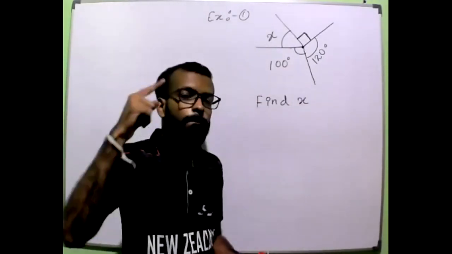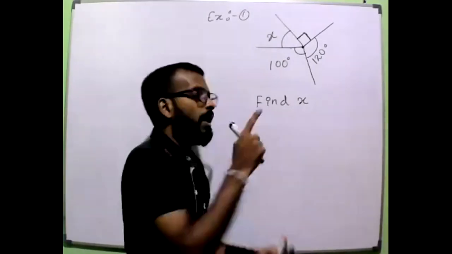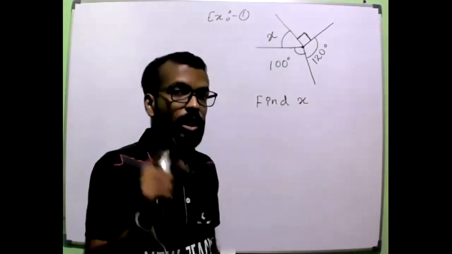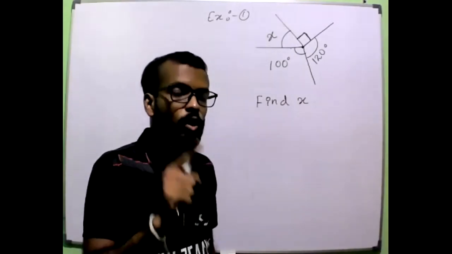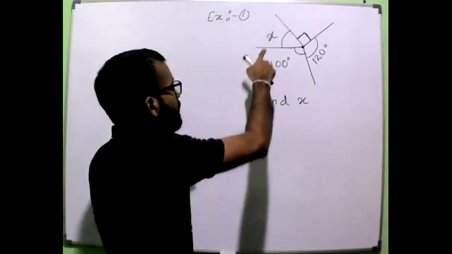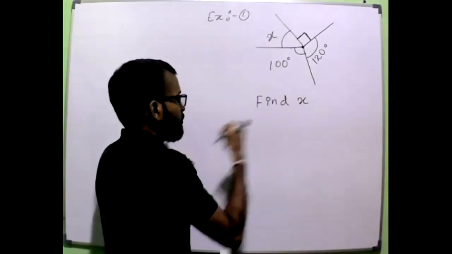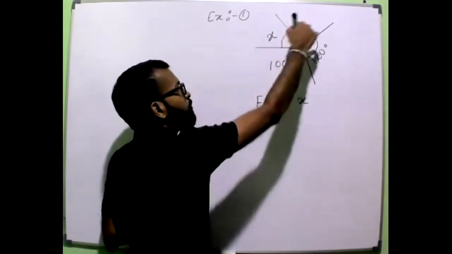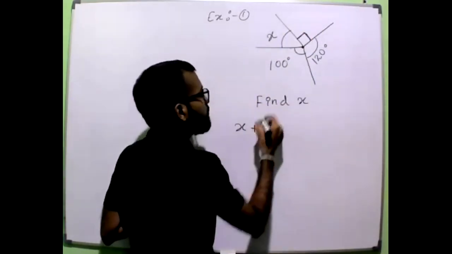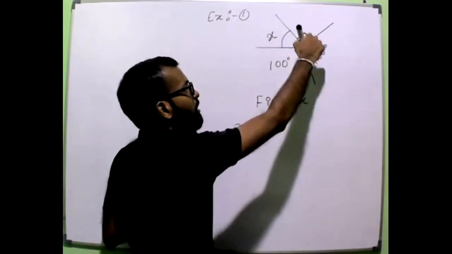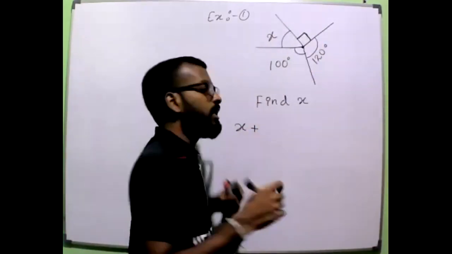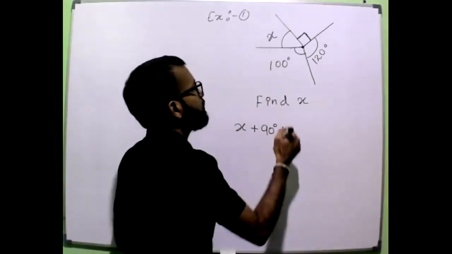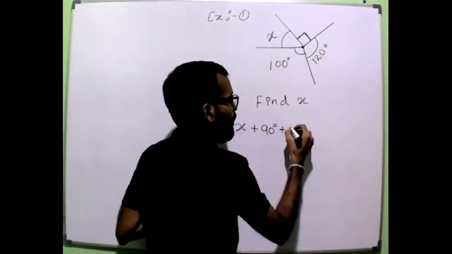Now remember, you have to find x. So please write what you are going to find first. I will write it here, x. X plus this one, this is a right angle, magnitude is 90 degrees, plus 120, plus 100 degrees.